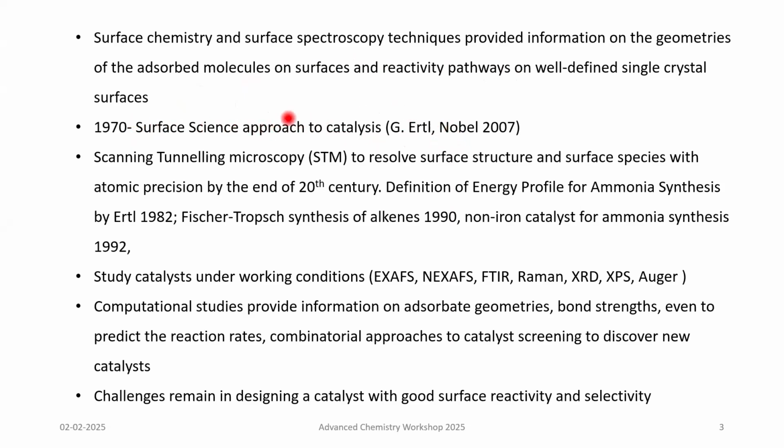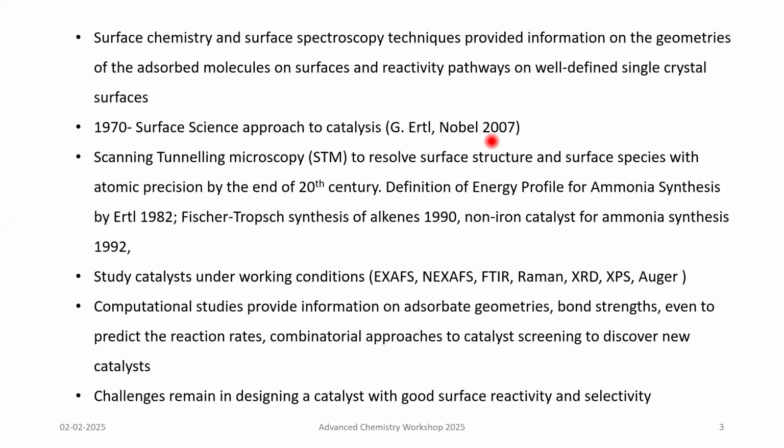Ertl has started looking at this, and there are many other labs around, even the Indian Institute of Science, they started looking at these problems, and then Ertl got the Nobel Prize in 2007 for carrying out these studies. The reason why people do these surface science studies is to understand what intermediates are formed on the surface, and how the intermediate species are transforming from reactants to products.